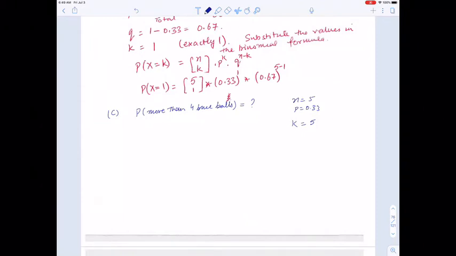Because we are drawing a total of 5 balls, more than 4 would be 5. It's not at least 4; if it was at least 4, you'd say 4 or 5, but it is more than 4, so it is only 5.